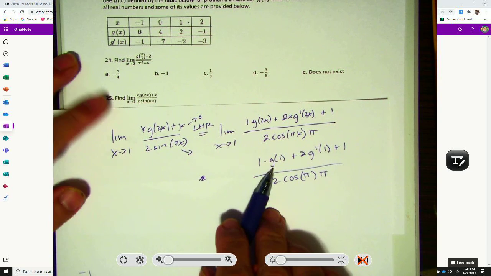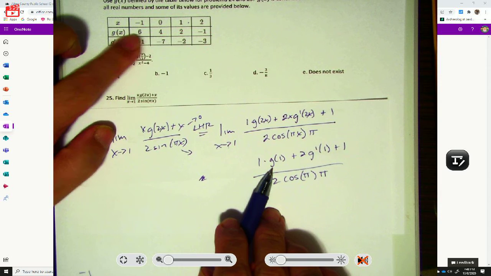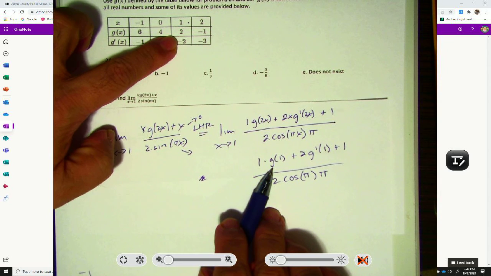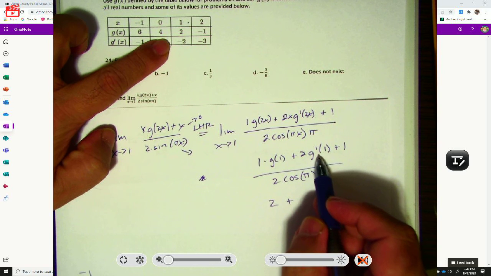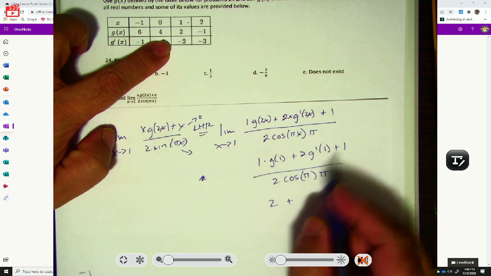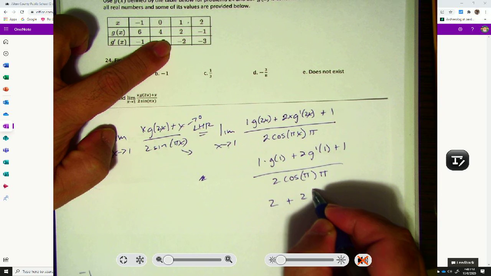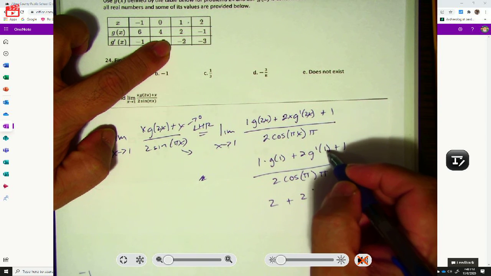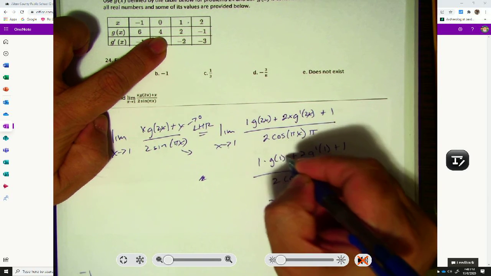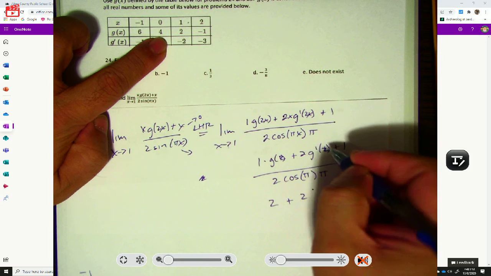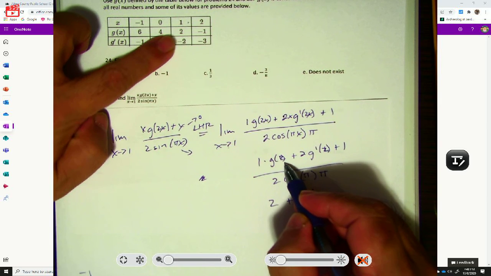So g of 1, look up here, g of 1 is 2. So it's 2 plus 2 times g prime of 1. Oh, shoot. That's not a 1. That's a 2. So what is g of 2? g of 2 is negative 1.